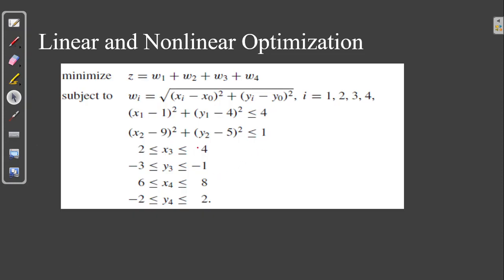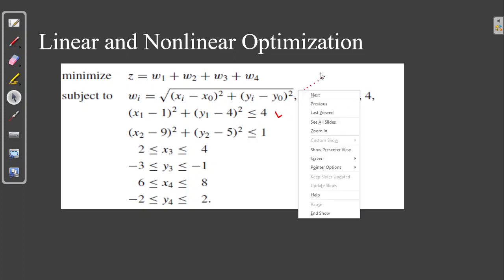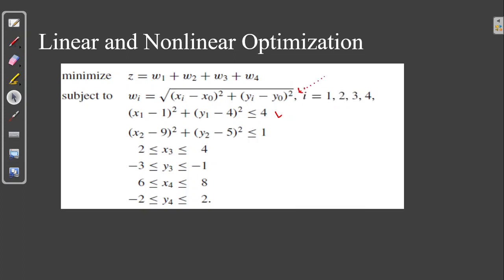For example, we have discussed that x1 minus 1 whole square plus y1 minus 4 whole square is less than or equal to 4. This is constraint number 1. Then second constraint, third, fourth, fifth, sixth and seventh; the total number of constraints is 7.